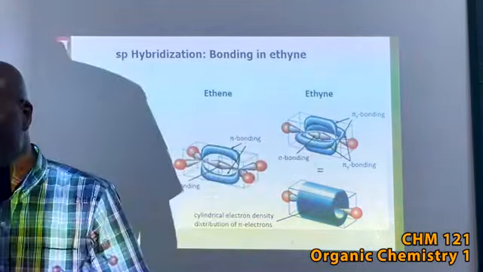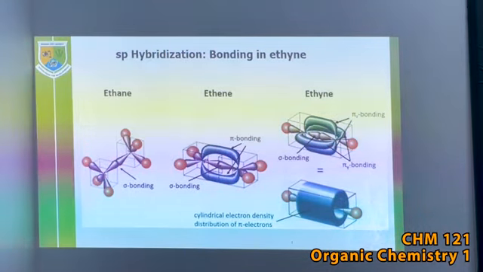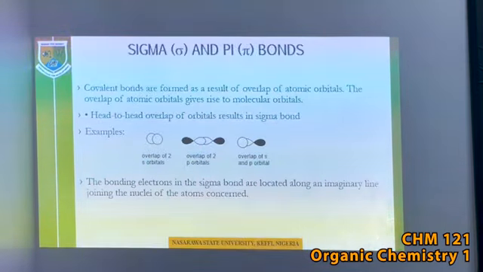So we can have two regions of overlap leading to a triple bond. And this is just pictorially showing the electron density between the two carbons, all the overlap of the triple bond, and then the sigma bonds to those hydrogens.